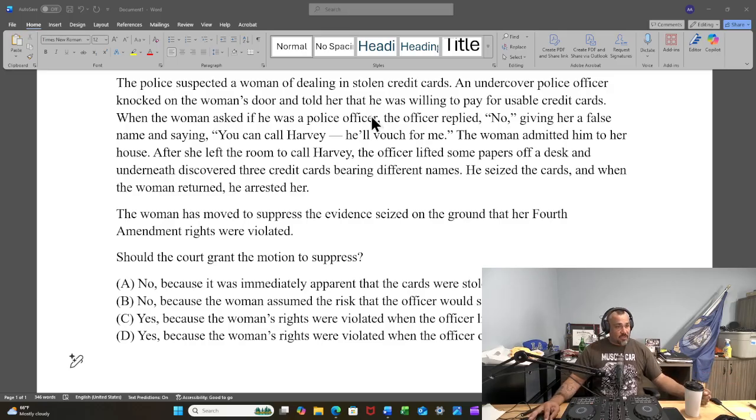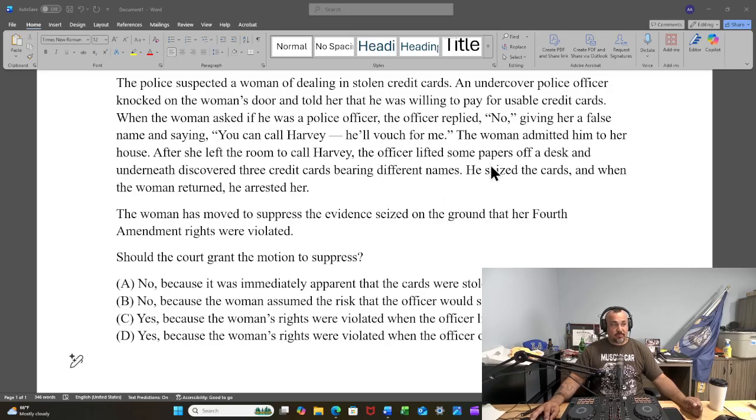Well, there's nothing in the facts to suggest that he had probable cause. For example, if he had it on good authority that the credit cards were hidden under that stack of papers right there, I'm not even sure that would amount to probable cause. But there would have to be something in the fact pattern to suggest that he knew they were there. He didn't know they were there.